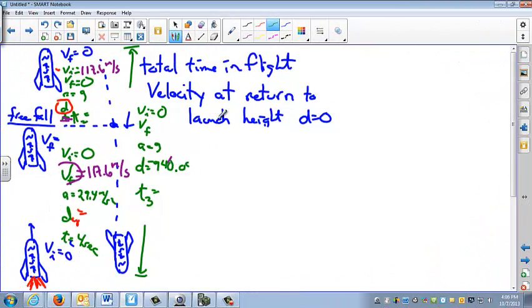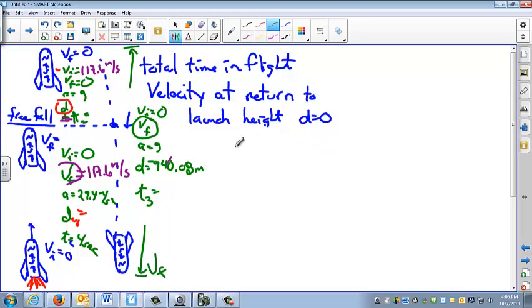All right, so now finally we need to answer the last question, the velocity at the return to the launch height. So we're looking for this final velocity, the velocity when it gets back down to the ground. The easiest way to approach this is, since we know it starts at 0 up at the top of the fall, and we know that it falls the negative 940.08 meters, we can easily figure out what the final velocity is.